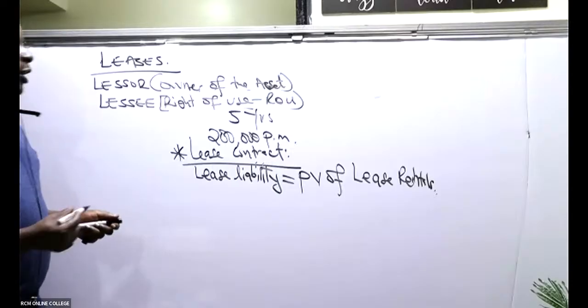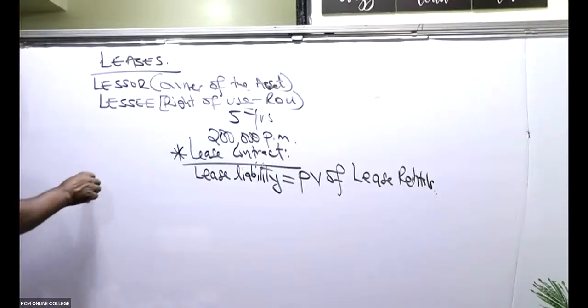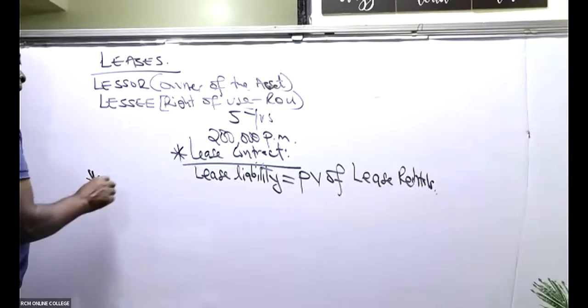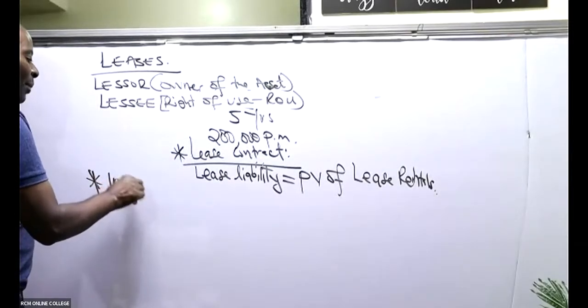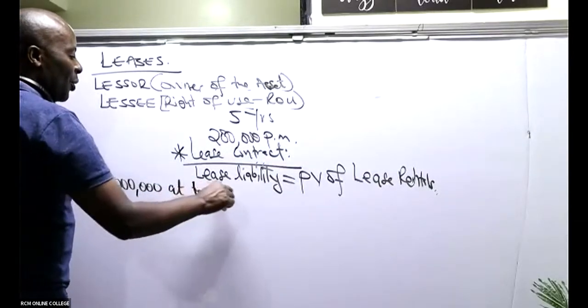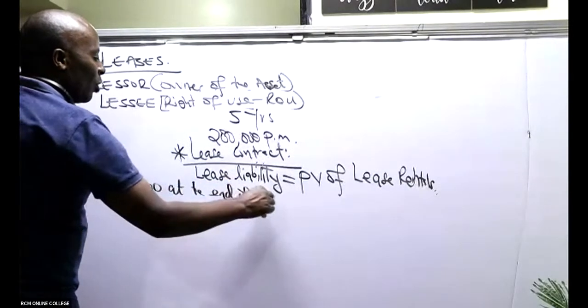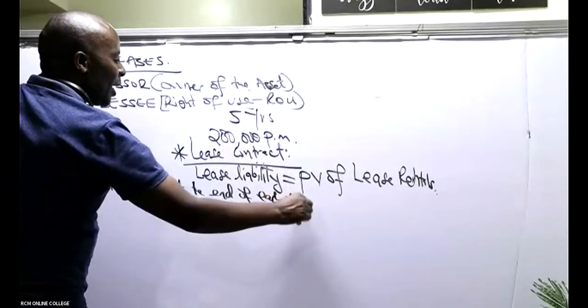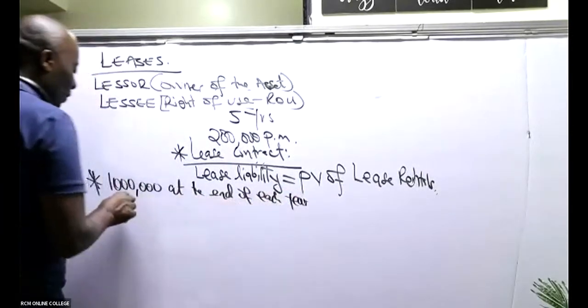So assuming, for example, we have entered into a contract where somebody wants us to be paying 1 million shillings at the end of each year for 5 years.